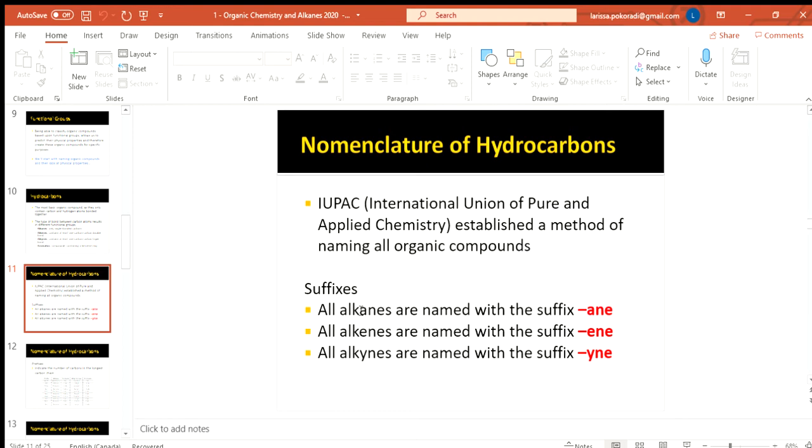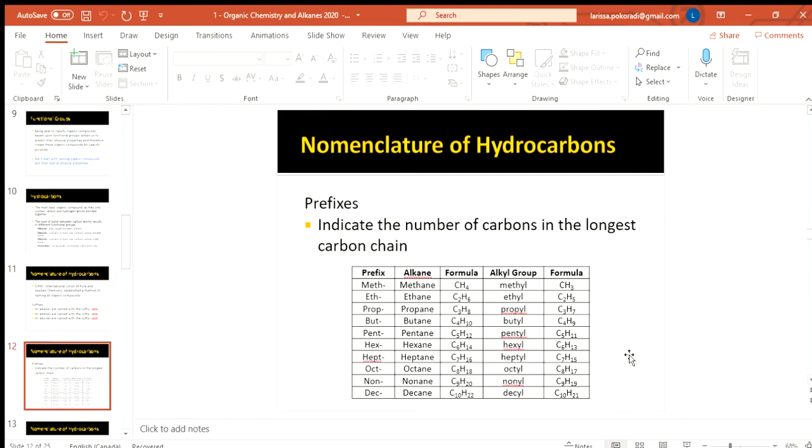Ane for alkane. If we have a carbon-carbon double bond somewhere in there and we're dealing with an alkene, our suffix, the very last 3 letters of the entire name, will be ene. If there's a triple bond somewhere in there, we'll have an alkyne, so our suffix will be yne. So those are our suffixes.